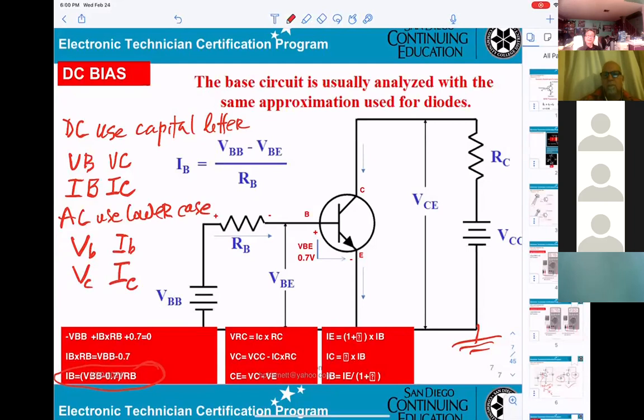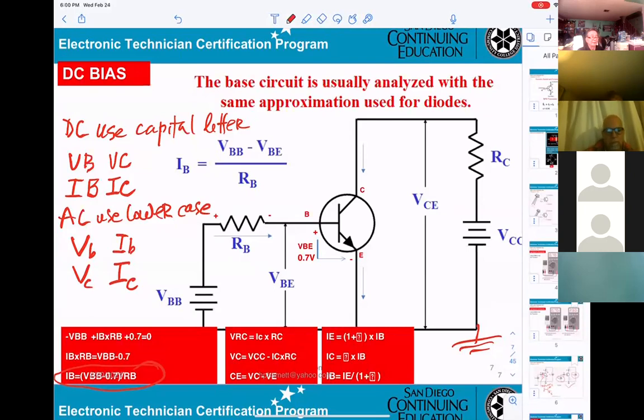Okay, let's try to separate between the DC signal and the AC signal. Hey, Mr. Pham, sometimes don't they use both letters small for AC as well?